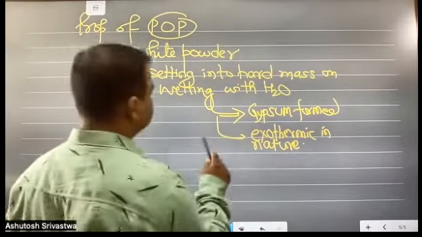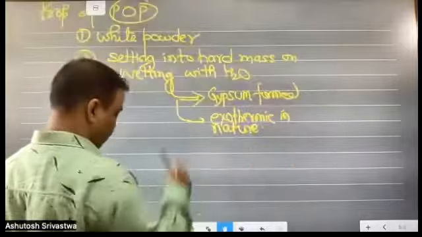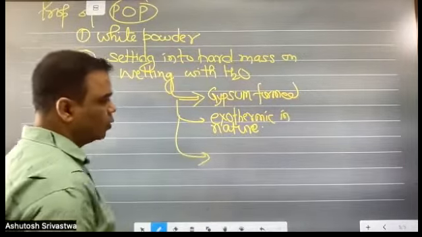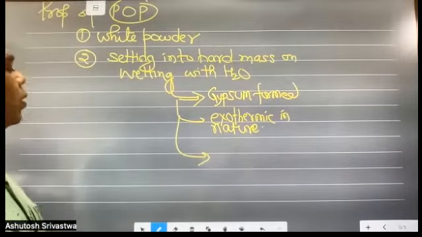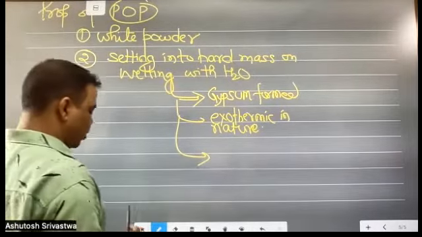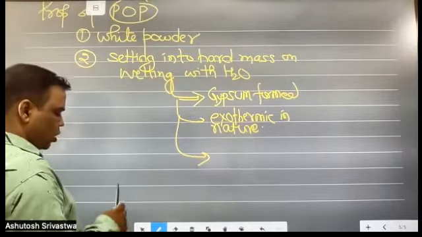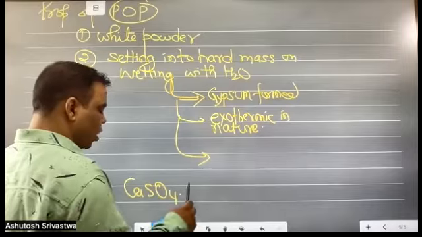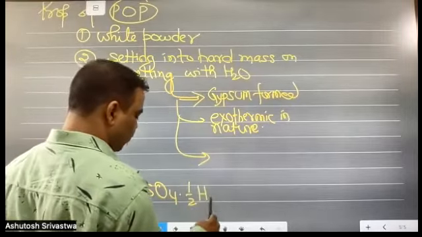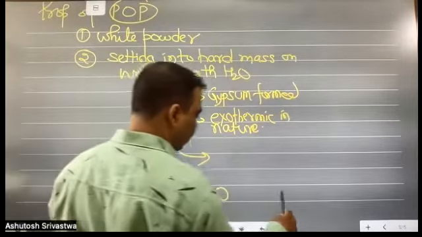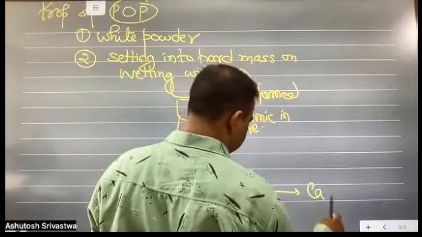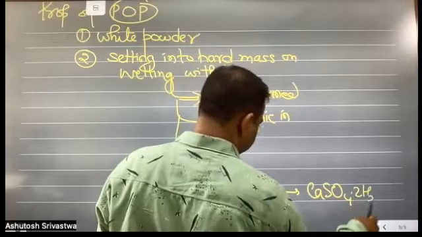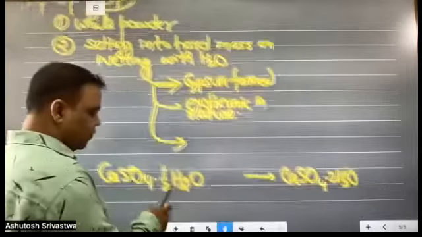Another thing is, sir, when we add CaSO4·2H2O plus H2O, what do we get? The reaction is very simple. It is the reverse of the reaction: CaSO4·1/2H2O. When we are adding water, it forms CaSO4·2H2O. That is the gypsum which is going to set.